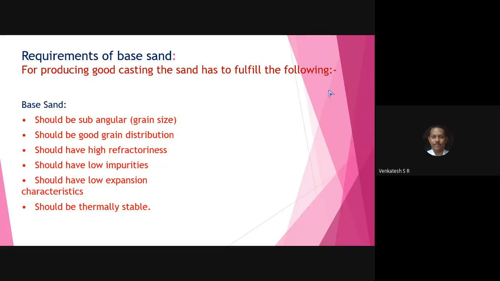Next, you write down base sand. Underline that. Write down one by one. Should be subangular. In bracket, write down grain size.